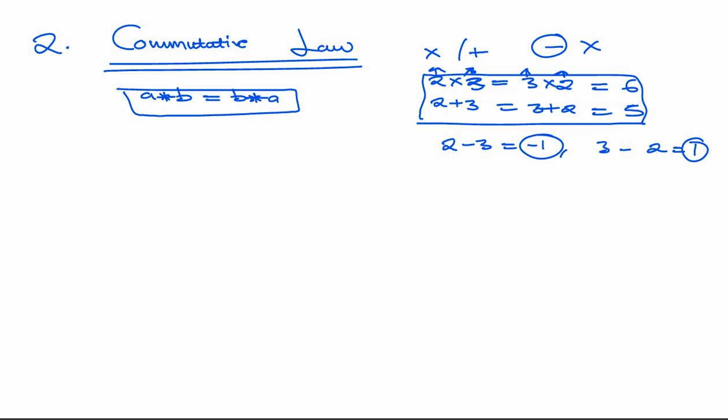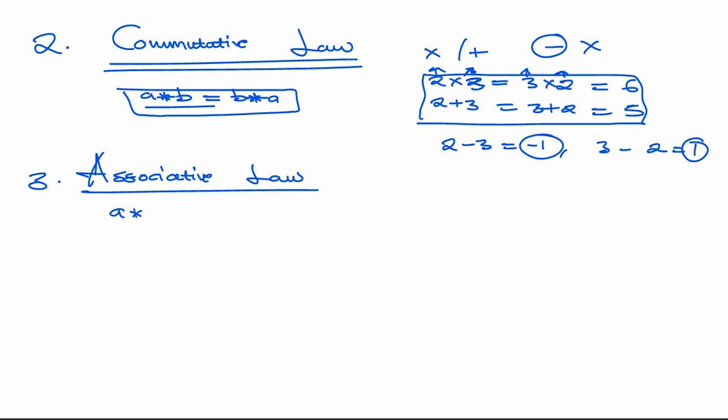Okay, let's now go and understand what the associative rule actually states. So let's talk about the associative law. Here, instead of only having 2 elements, we are going to add C, and I'm going to explain this.